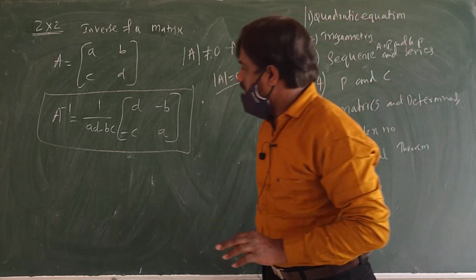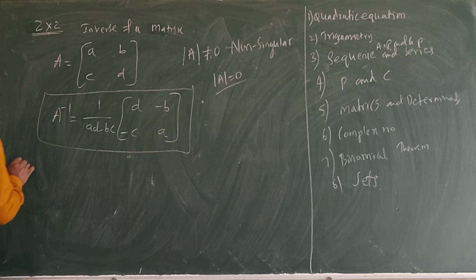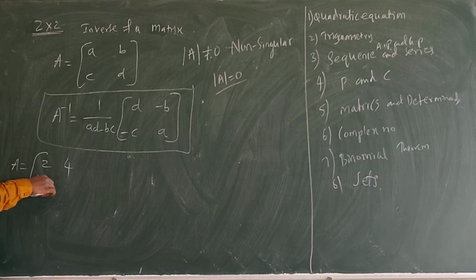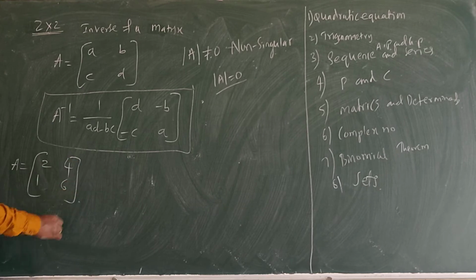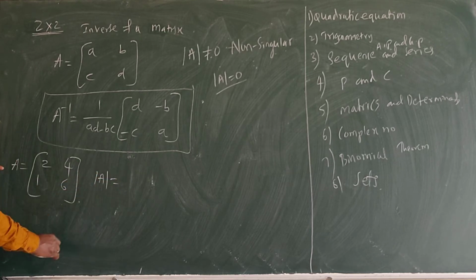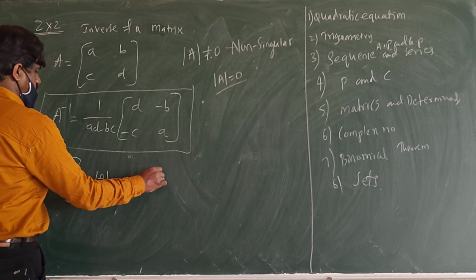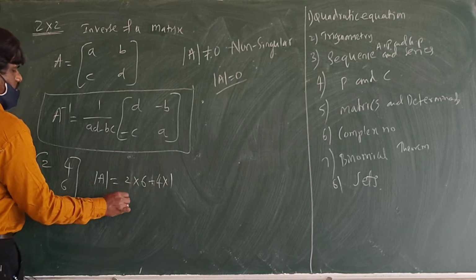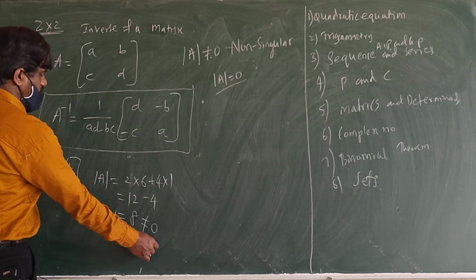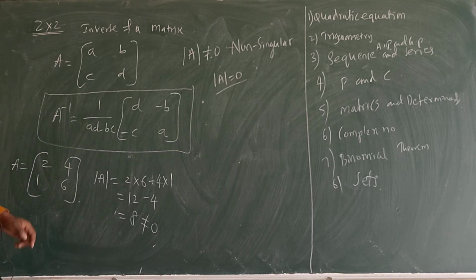This is a 2 by 2 matrix. For example, if I want to find the inverse of A equal to 2, 4, 1, 6. First I will find the determinant of A. Determinant of A is equal to 2 into 6 minus 4 into 1, that is 12 minus 4, that is equal to 8. This is not equal to 0. Very good.